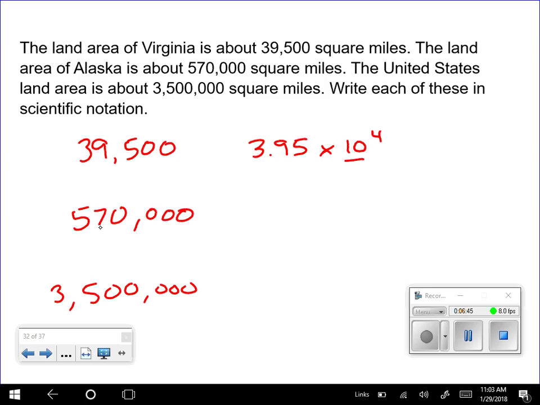I'm going to move my decimal between 5 and 7 to create my number between 1 and 10. 10 to the, so 1, 2, 3, 4, 5, 5th power. And then here I'm going to move it between 3 and 5. So 1, 2, 3, 4, 5, 6. Times 10 to the 6th power. Always have a power of 10, always have a factor.